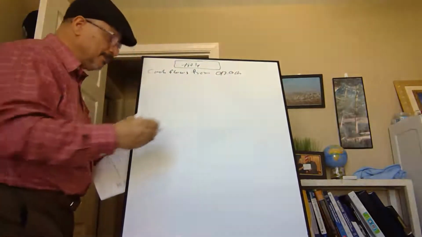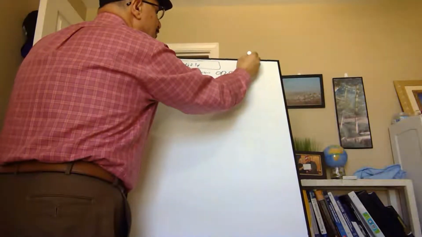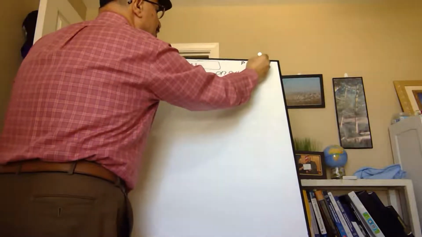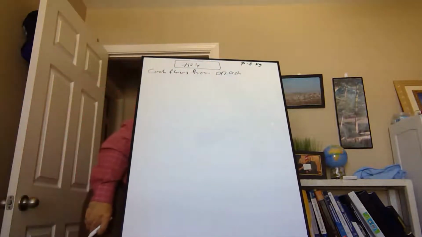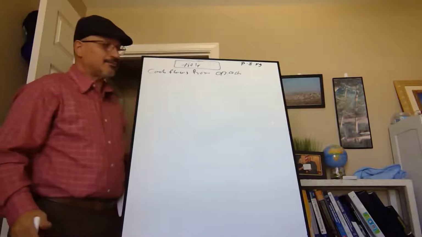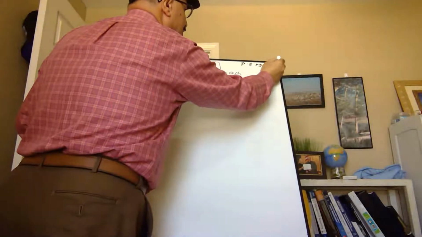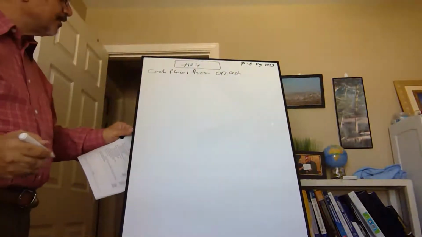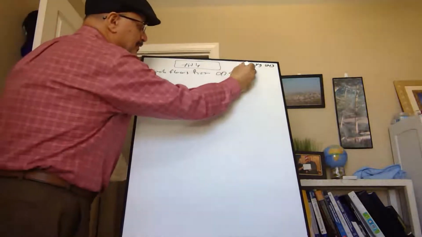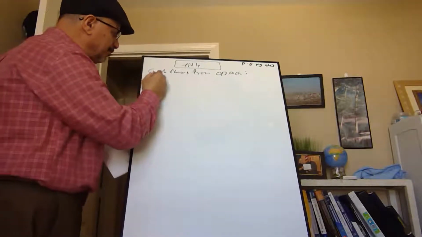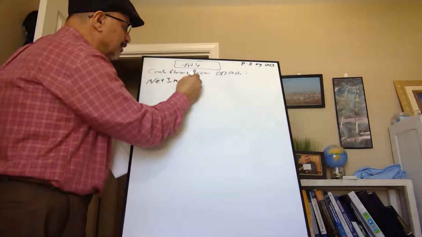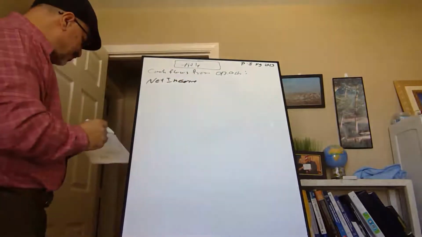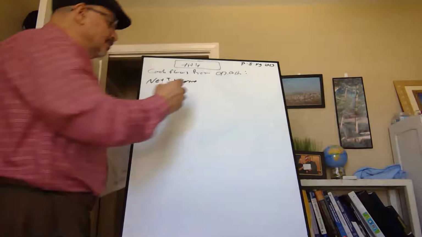Okay, this is problem 8, page 643. Cash flow from operating activities, we start with net income. In this case, it's 112.